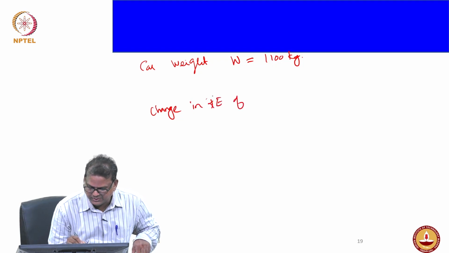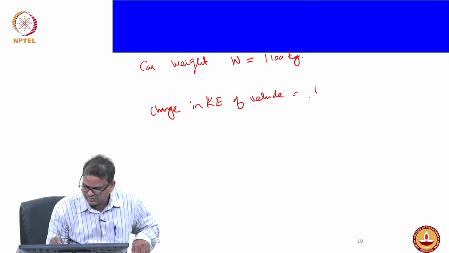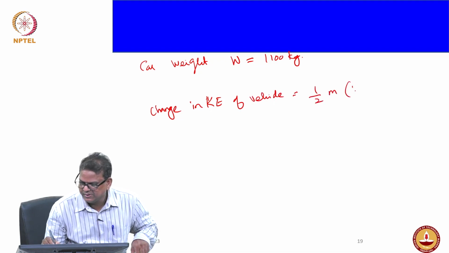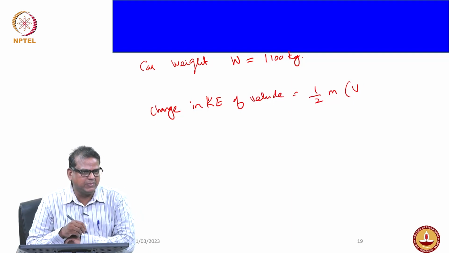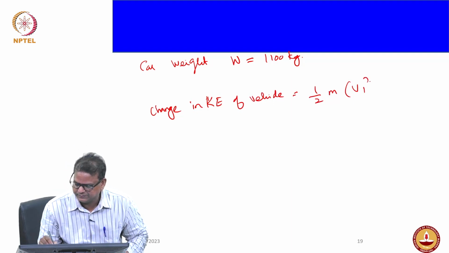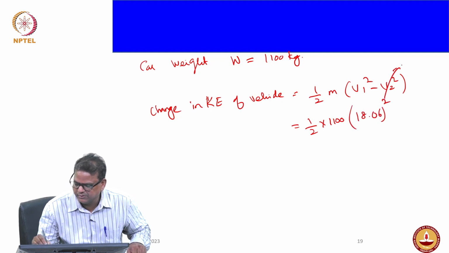I am talking about the change in kinetic energy of the vehicle, half of M, V1 square minus V2 square, where V2 will be 0.